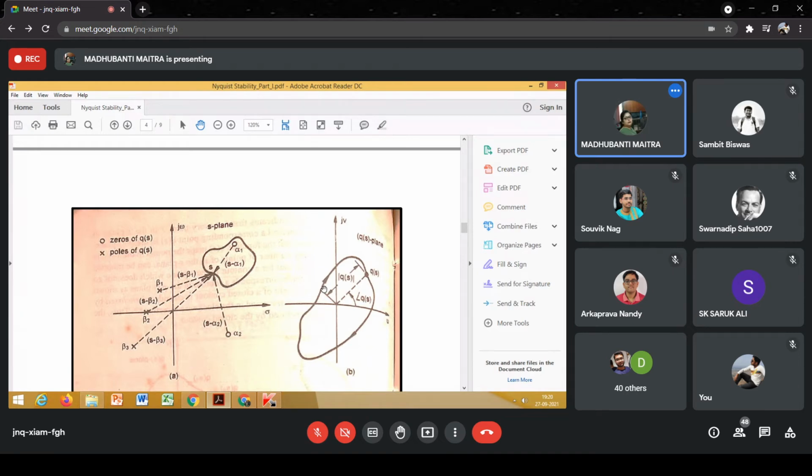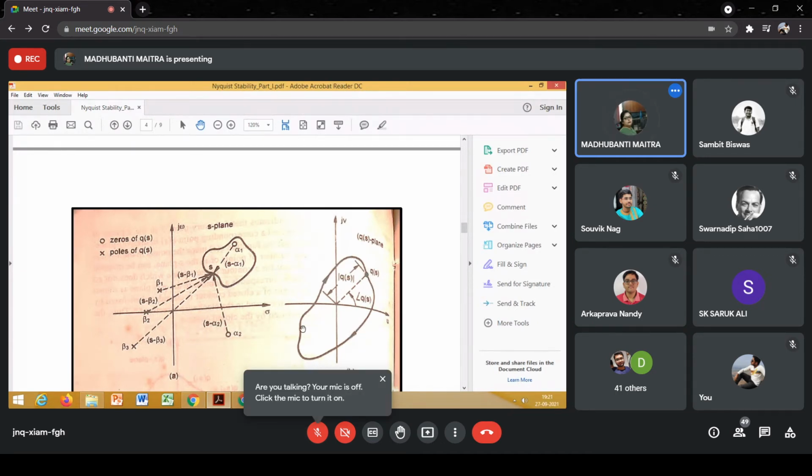Now since the net change in angle of QS is minus 2 pi, the tip of the QS plane vector will rotate like this, and in the process it will encircle the origin of the QS plane once in the clockwise direction.